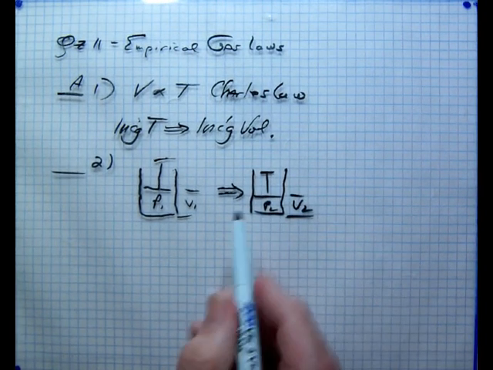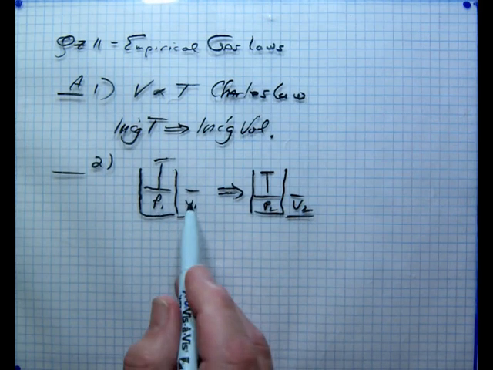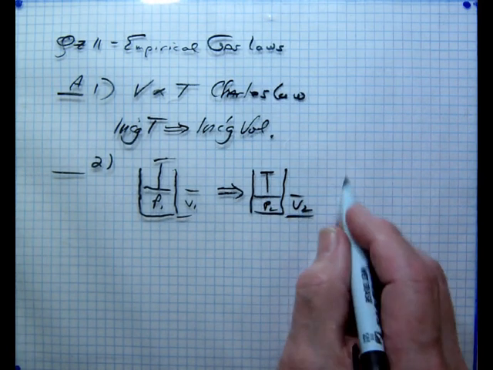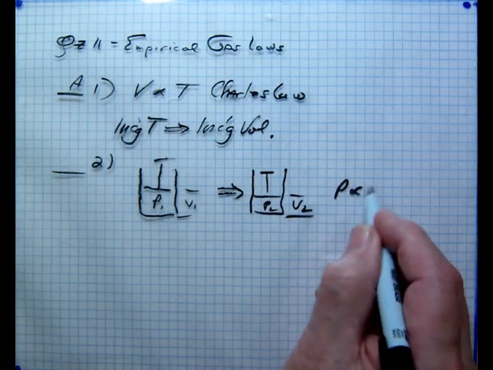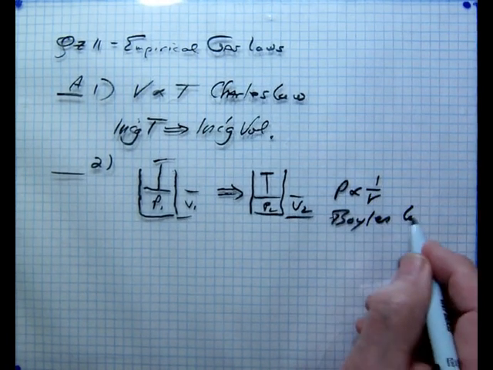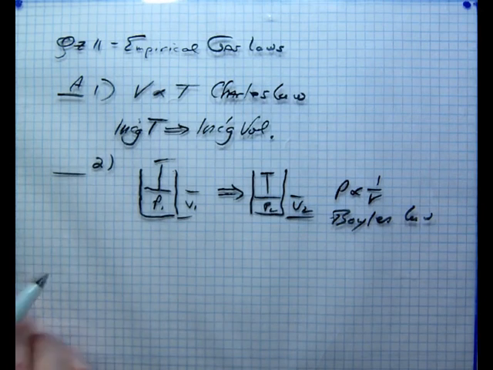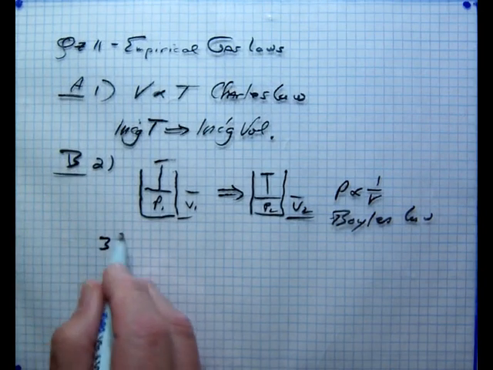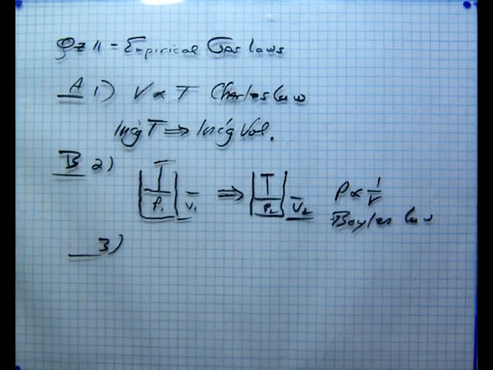So we decreased volume. What happens to pressure? Does it go up? Yeah. So this is pressure proportional to 1 over V, Boyle's law. Right there. And so that's an inverse relationship. As a matter of fact, it's the only inverse relationship in the empirical gas laws. That's when you're comparing just pairs of variables.